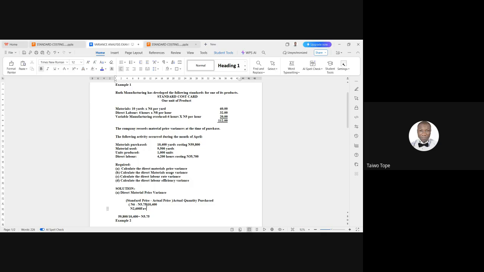We might have bargaining power. Yes, bargaining power. We might have purchased a higher quantity than planned, and we might have been given some discounts. Or we might have used substitute products, maybe due to unavailability of the original planned material.